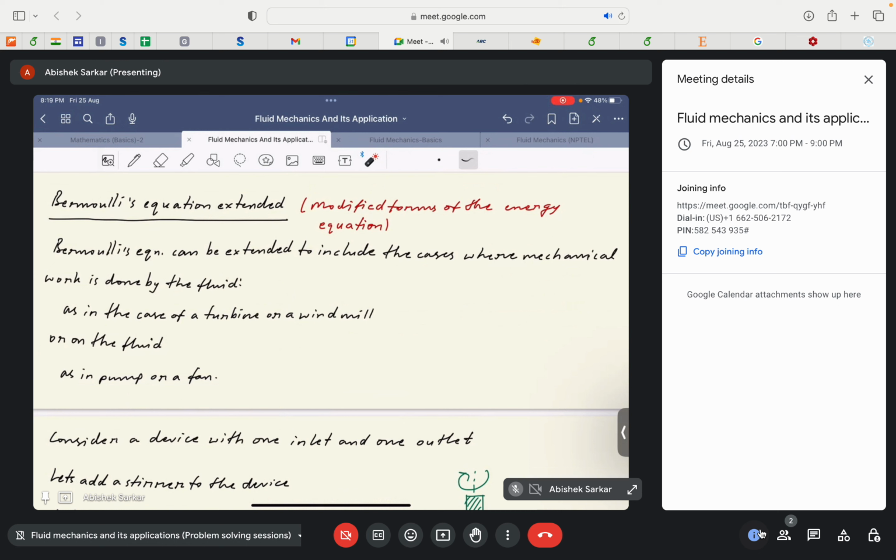In the case of turbines, it is the mechanical energy from the fluid that is being extracted so that we could use it to do additional work, or in most general cases to rotate a turbine so that we can extract electrical work. That is ideally the working principle of dams.